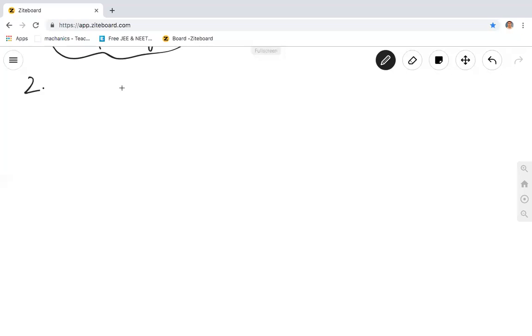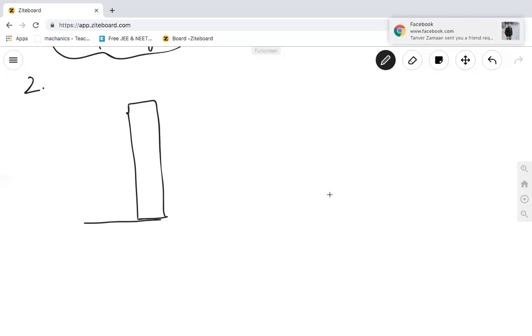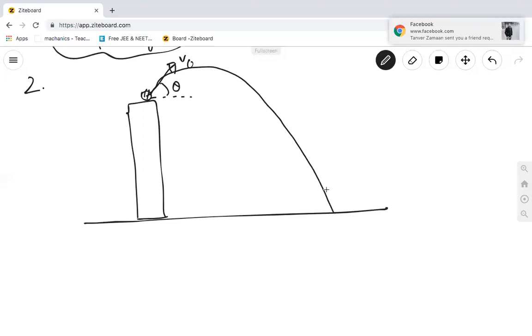If you throw an object from a certain height again, and you throw it with this velocity at an angle of theta with the horizontal, not horizontally, the object will fall like this. My question is, first of all, write down the equations of motion. Write down the equations.